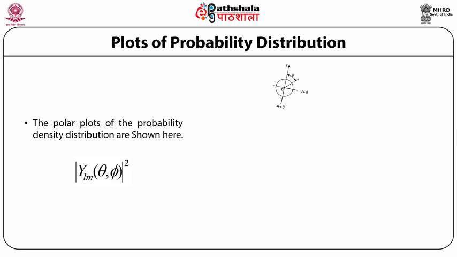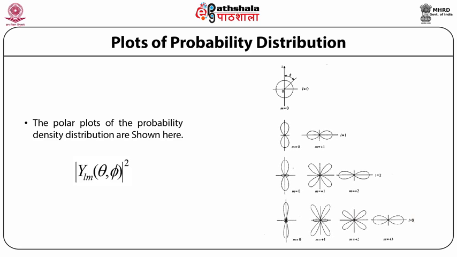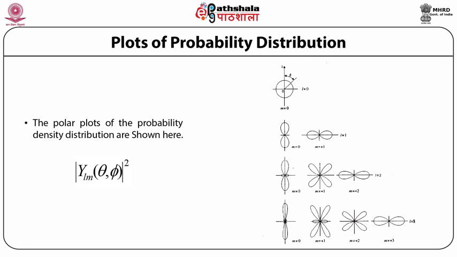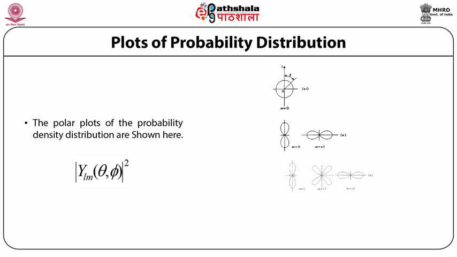The second plot denotes the cases corresponding to L equal to 1. So for L equal to 1, m can be equal to 0 or plus minus 1. Here we have considered m equal to plus 1.